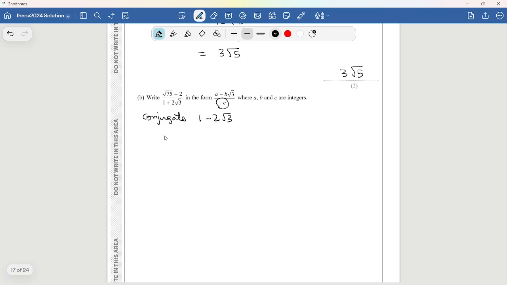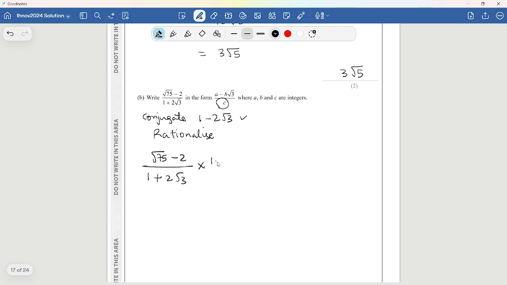Now taking the conjugate, I rationalize this expression. So how do we rationalize it? We rewrite the original expression, root 75 minus 2 over 1 plus 2 root 3, and multiply the numerator and denominator with its conjugate.